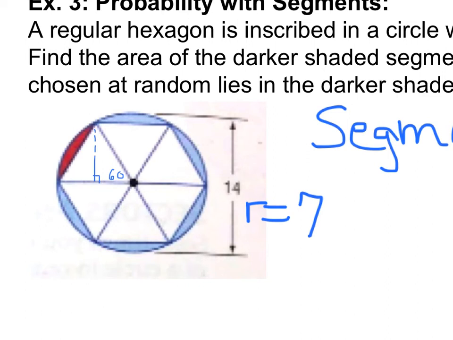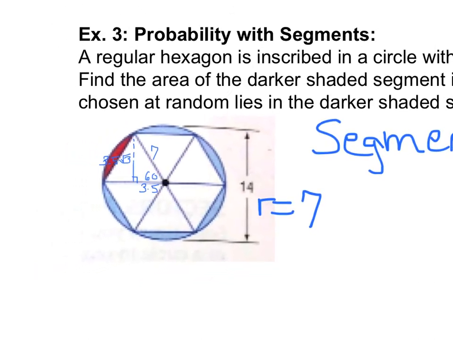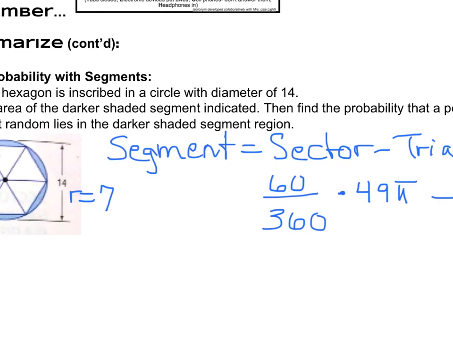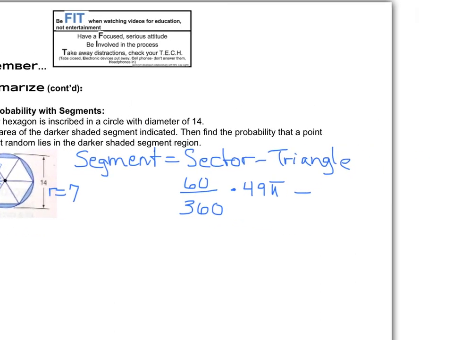And since the radius is 7, that's the hypotenuse, so my short leg is 3.5, and my long leg is 3.5 radical 3. So as we go back to our area formula, the triangle area is going to be 7, the base, times 3.5 radical 3, and then divide by 2.